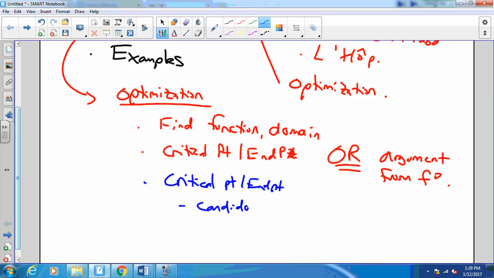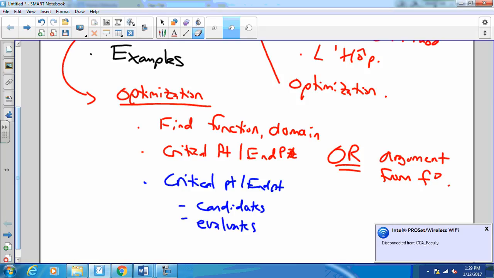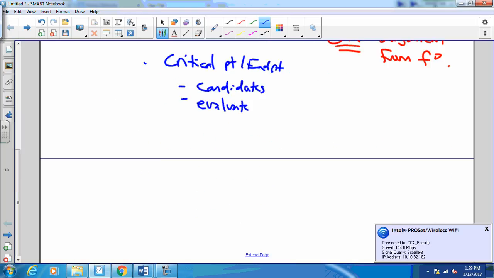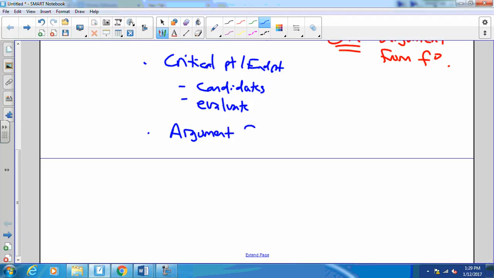Candidates. And do what with them? Calculate f at them. Right, so what two types of candidates are there? Endpoints and critical points, hence the name. Yep.